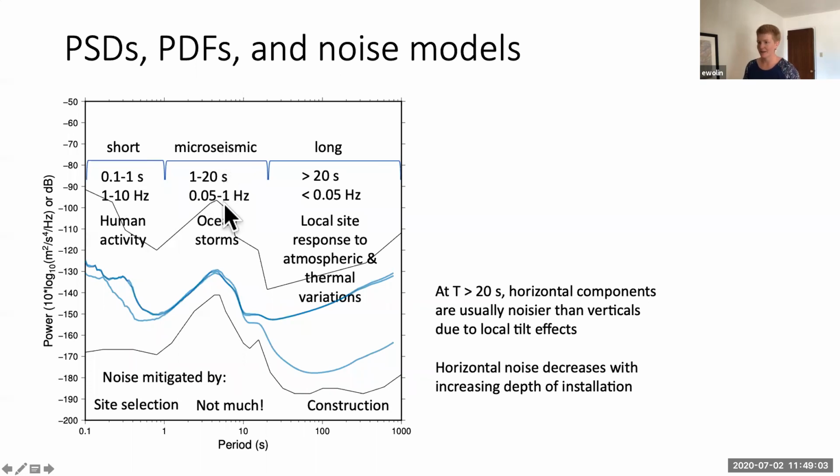The microseismic band is caused by storms and waves in the ocean, and long period signals are things like surface waves, but your general ambient noise background is usually your local site responding to changes in atmospheric pressure or temperature or things like that.